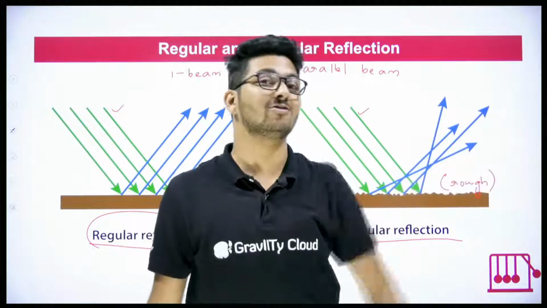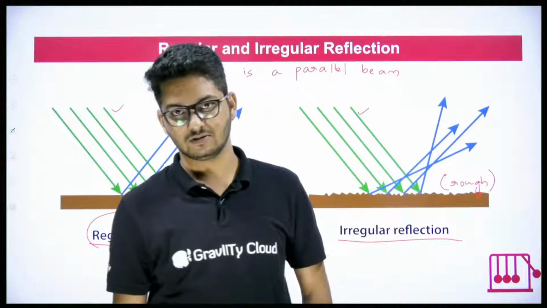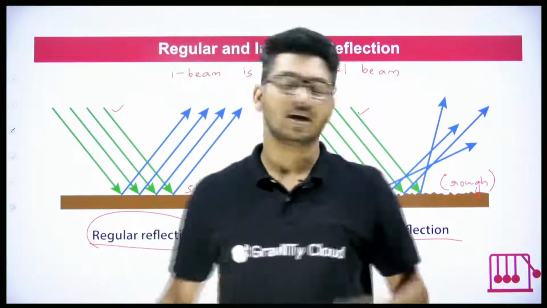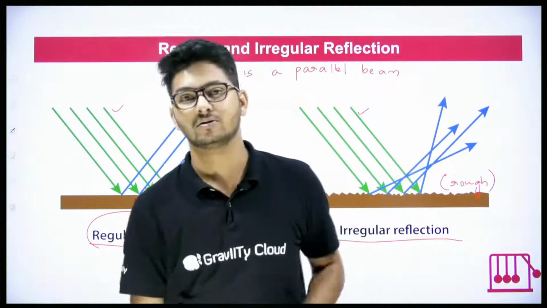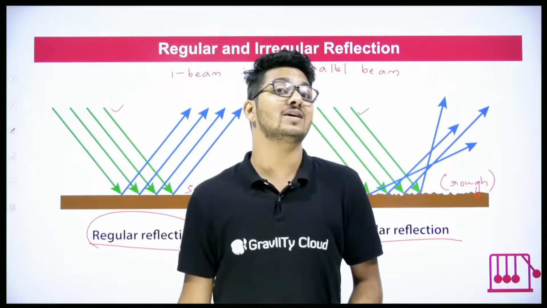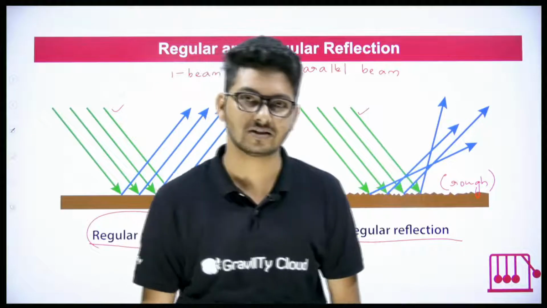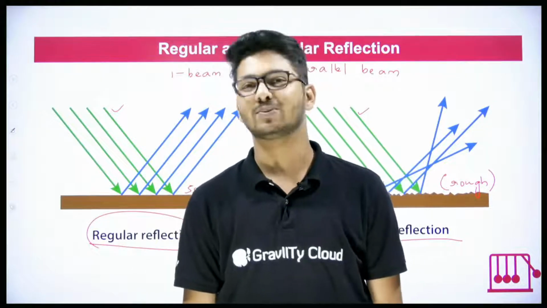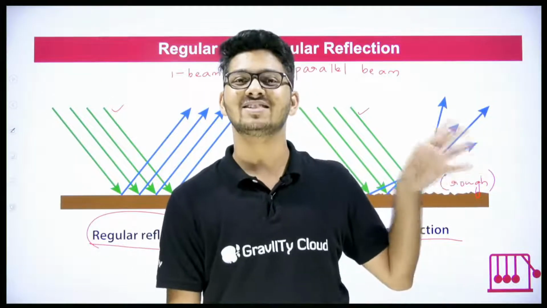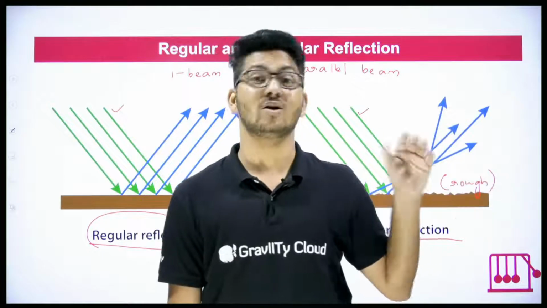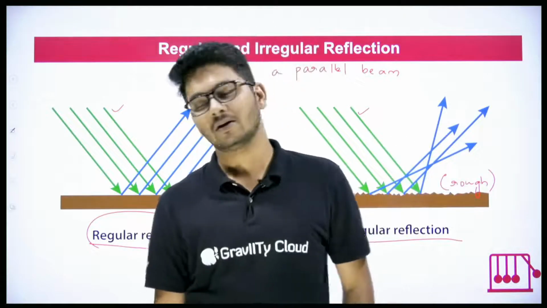So in the wall you have irregular reflection. Clear? And where do we get the images? In regular reflection, on smooth surfaces, we get images. That's why we cannot see our images in walls. Walls are rough. Okay, that's good.